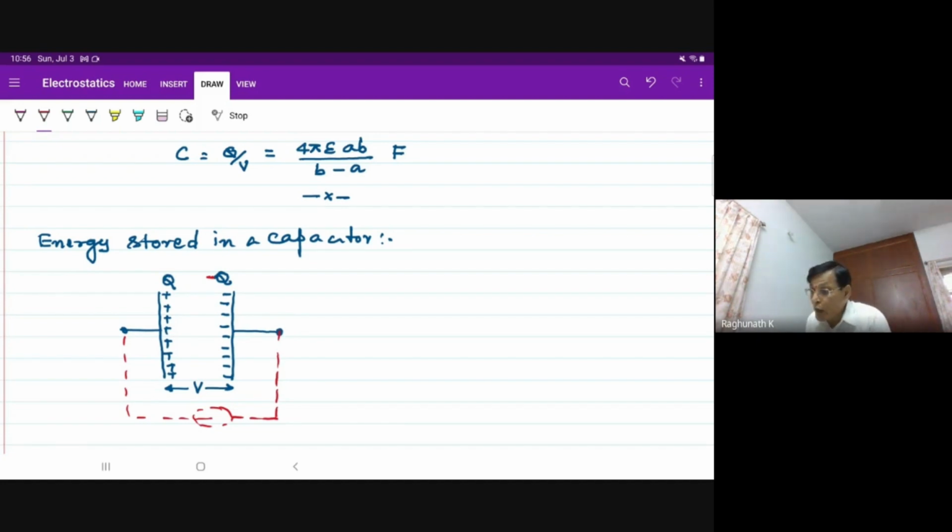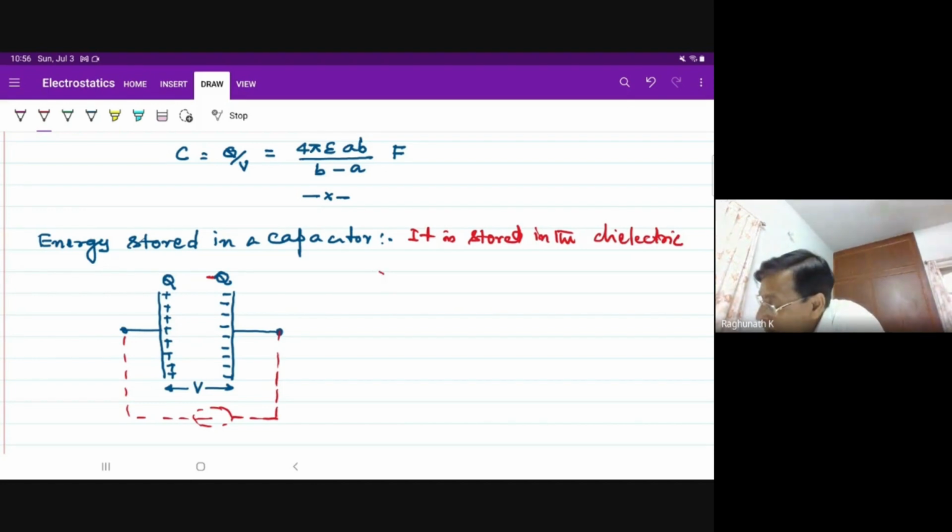When I say that energy is stored in a capacitor, it is stored in the dielectric part. This dielectric definitely consists of atoms. And we know very well that an atom is considered to be a spherical object with positive charge concentrated at the center called the nucleus, and negative charge in the form of an electron cloud moving around the nucleus.